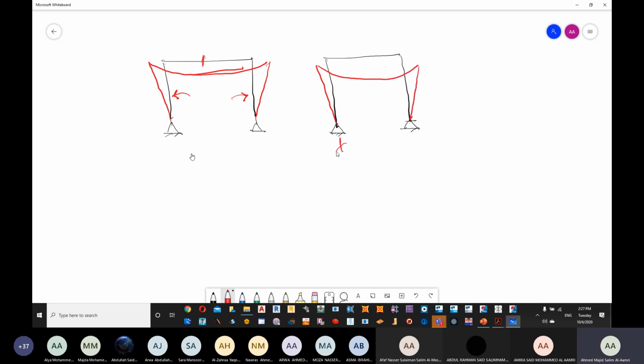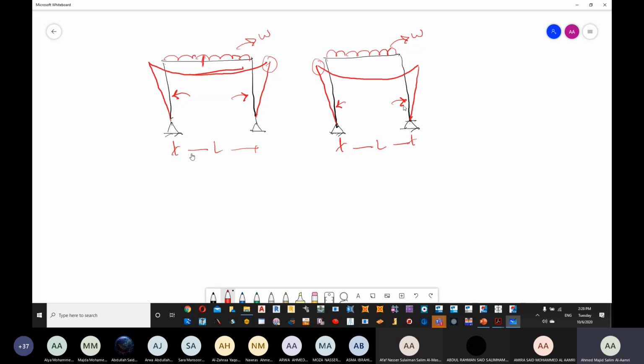Now, if this span is L and this span is L, this loading is W, and this loading is W. This moment and this moment are not the same, or they are the same? Same moments, right? So once again, this will be pushing this side, that will be pushing that side.